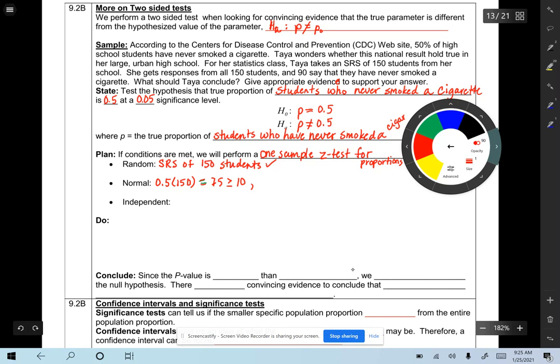And then our failures, 0.5 times 150, even though it's the same number, you have to show your work. That's equal to 75, which is greater than or equal to 10.